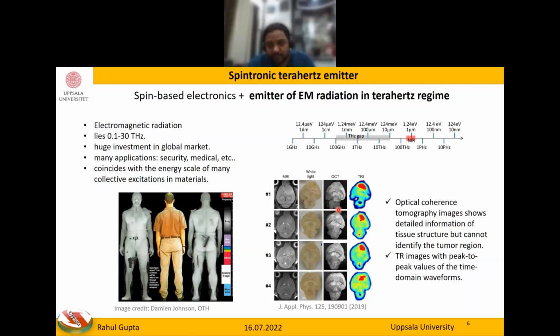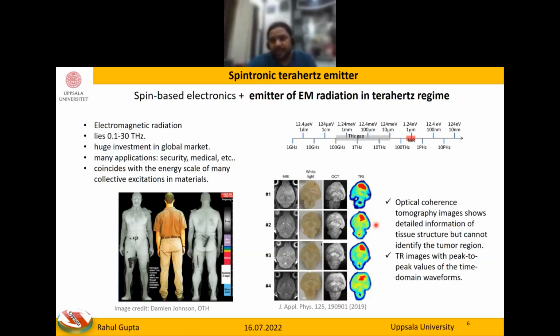You can clearly see this image is much better than these two images, but still you cannot identify where the tumor region is. So if you incident terahertz radiation on this kind of brain, you can see these red spots, which are the tumor spots, and one can clearly see the tumor region throughout the brain image. So that has an advantage in terms of medical imaging.